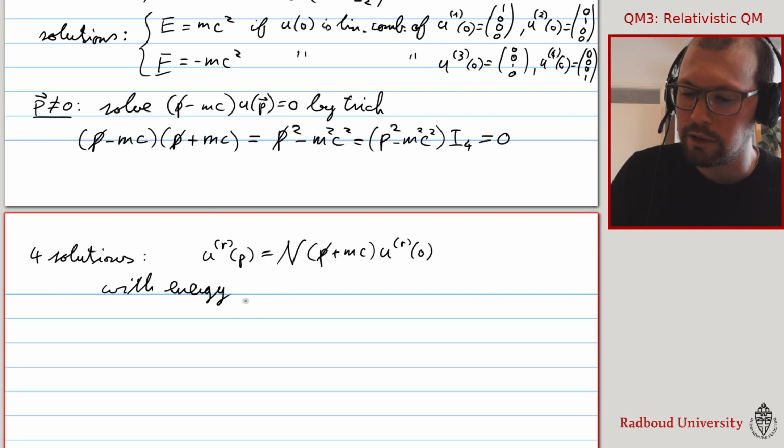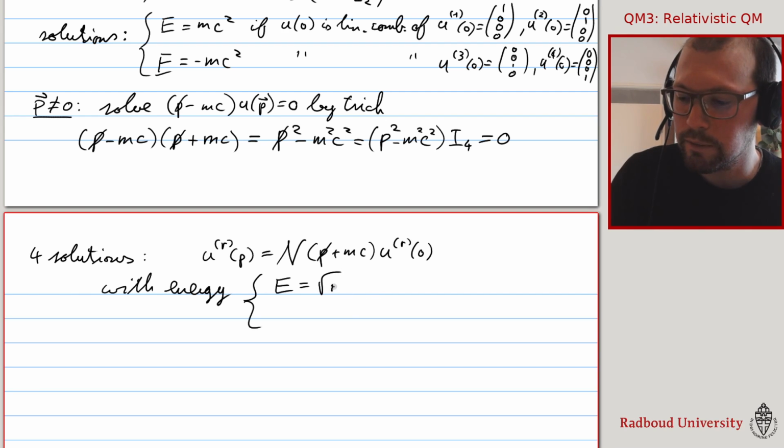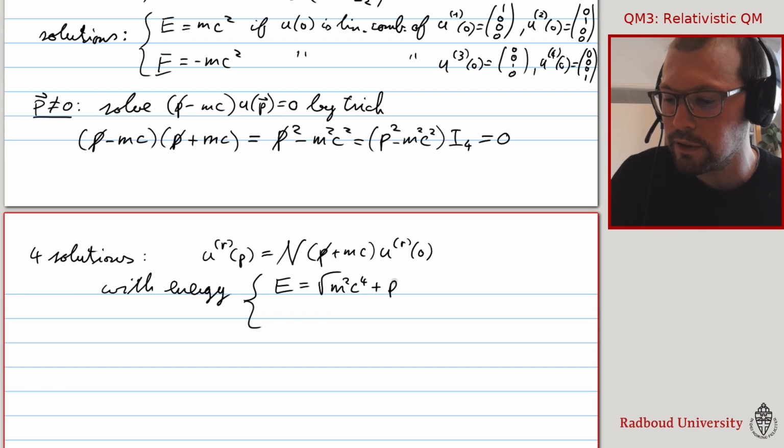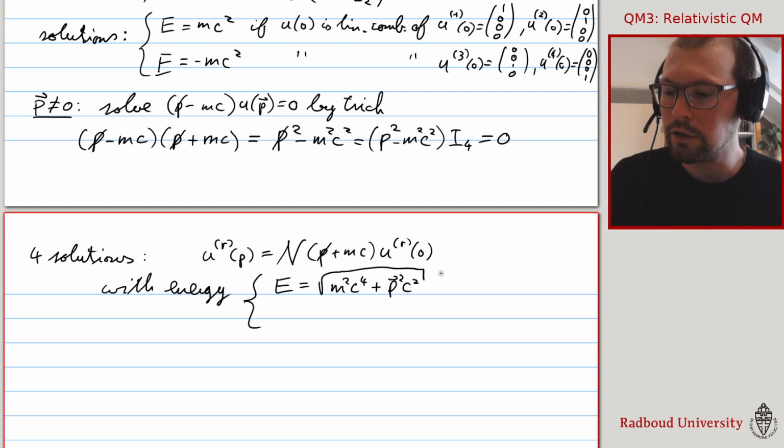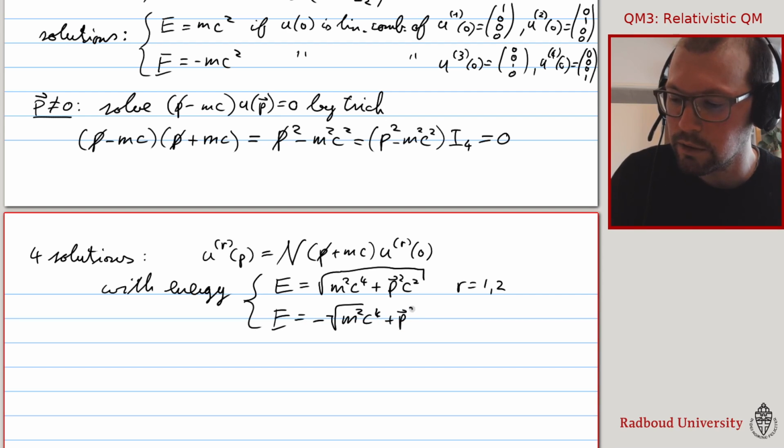We can read off now exactly what these energies are. We just get the standard dispersion relation for the first two, but we get the opposite sign dispersion relation for the second two.